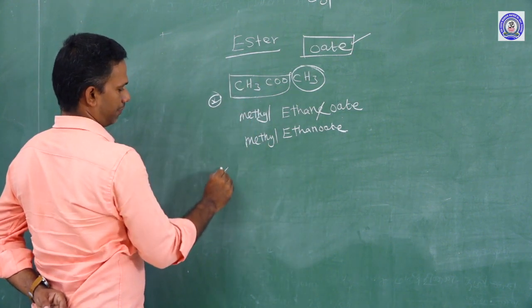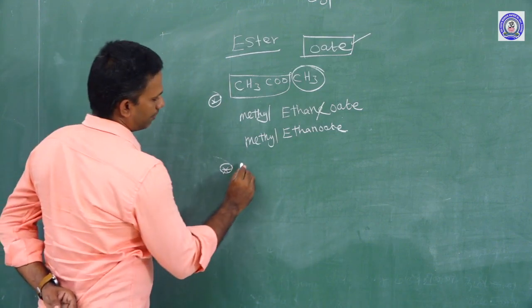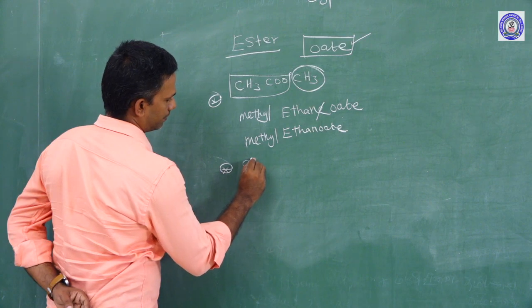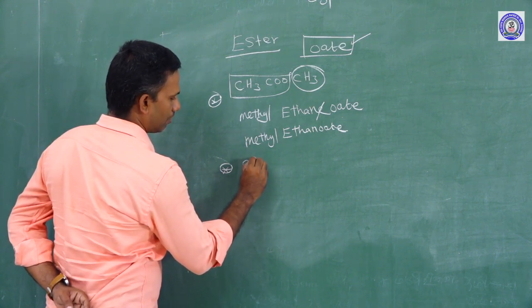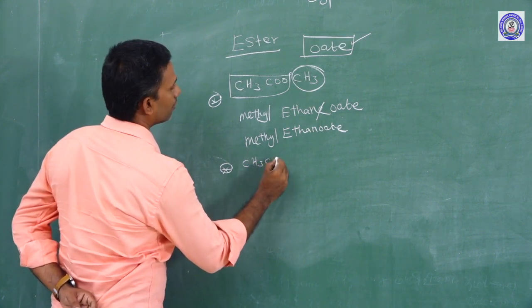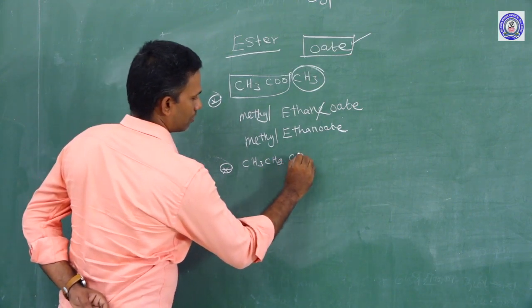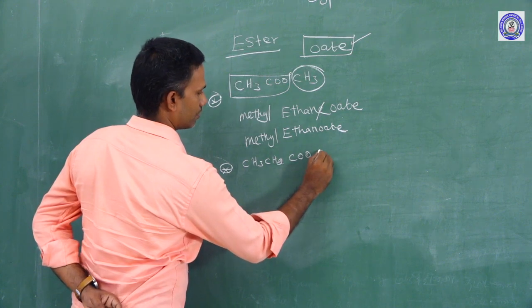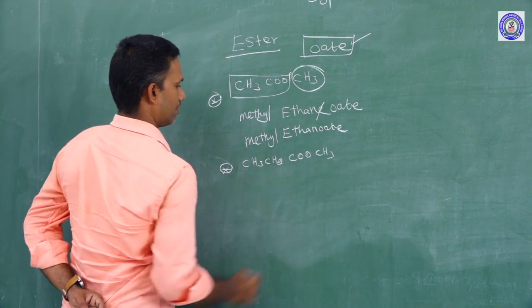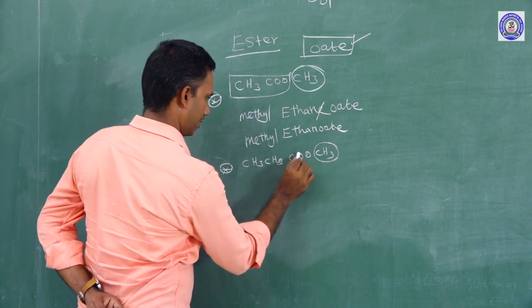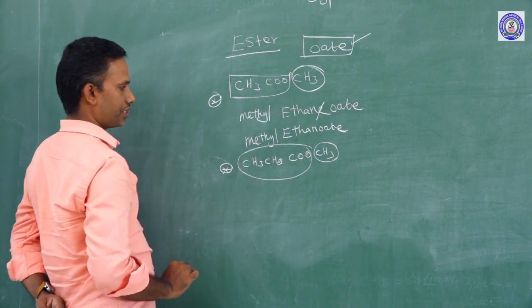Likewise, you can name CH3CH2COOCH3. See, this is the alkyl part, and this is the acid part of the ester.